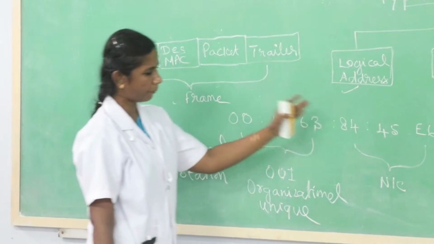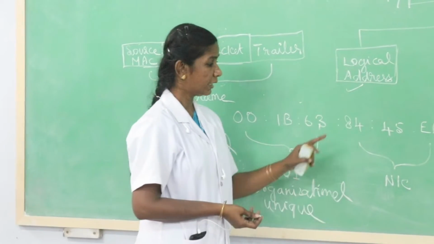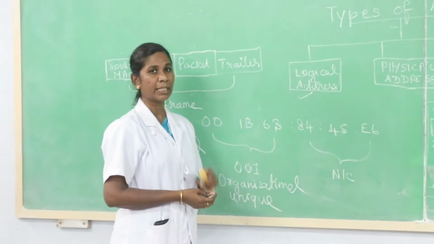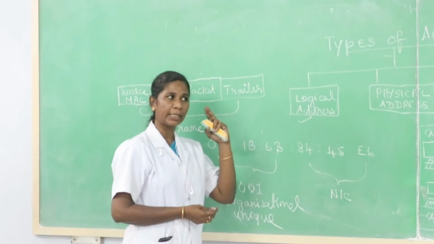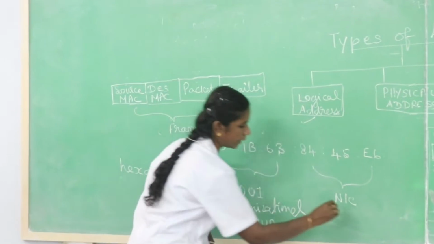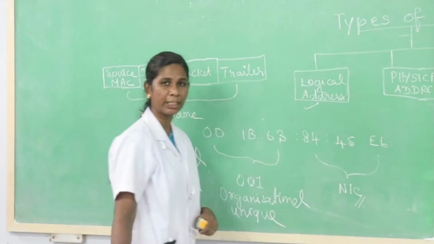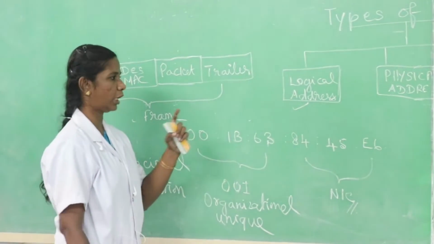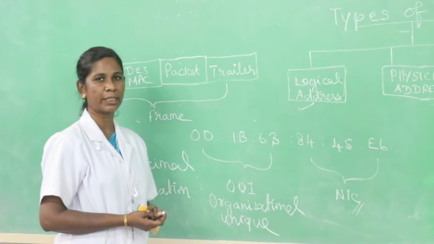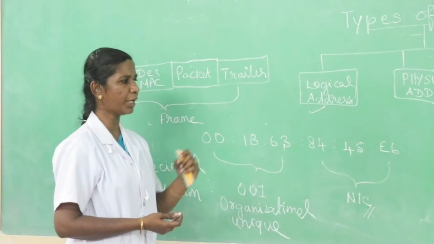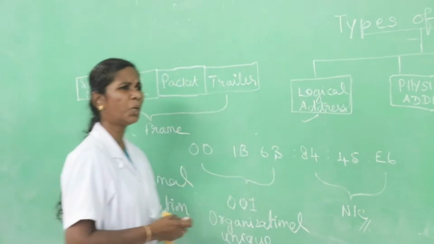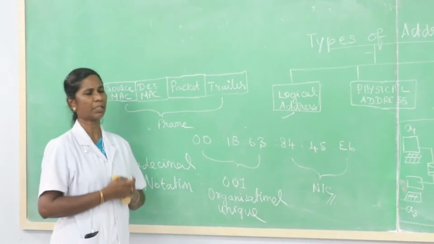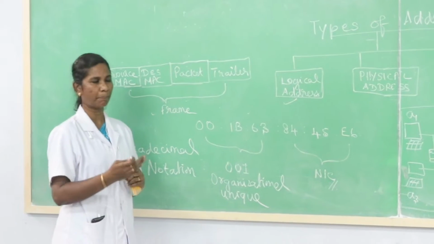The last part is decided by the manufacturer of the network interface card, abbreviated as NIC. So the logical address, otherwise called the MAC address, is the unique address of the device residing in the network.